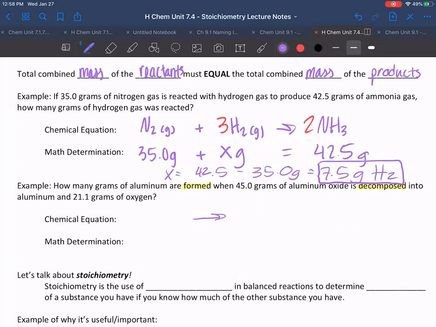So aluminum oxide, does that go on the left or right side of the arrow? The left, it's being decomposed.